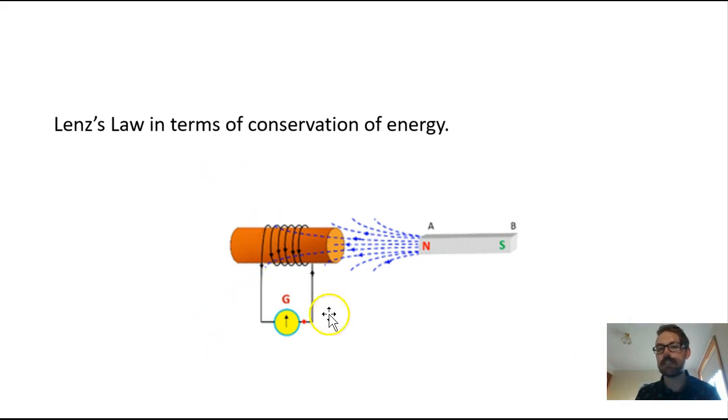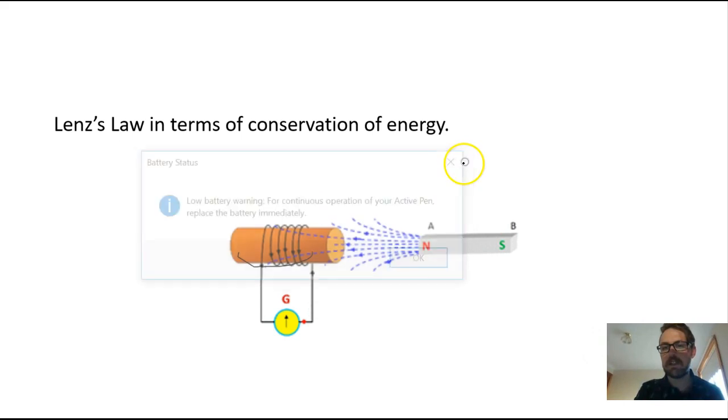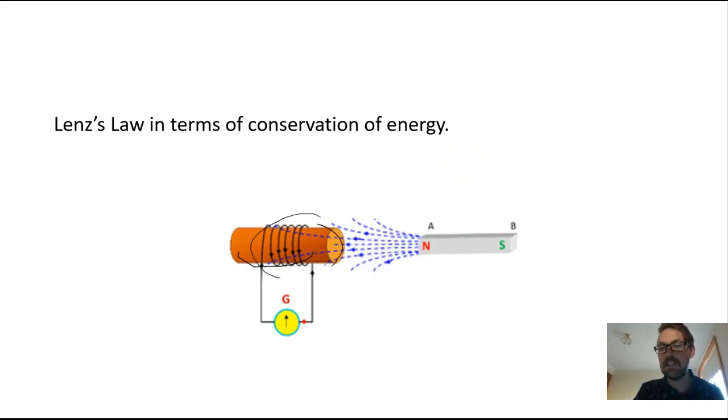The way we lose it is that when we move this north-south magnet towards and away, the magnetic field created by our wires opposes that. You can actually feel it pushing the opposite way when we move it towards, and the same when it goes back, so you'll feel a kind of repulsive force in both directions that tries to negate where you're moving. Because we're creating energy, you've got to lose it somewhere, and it comes in the fact that we lose that push energy.